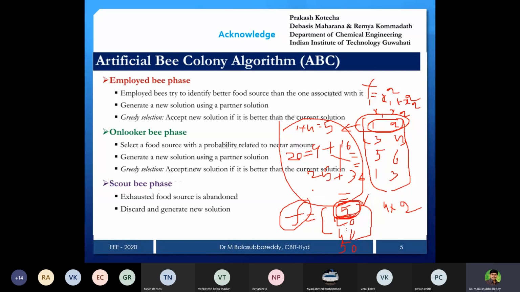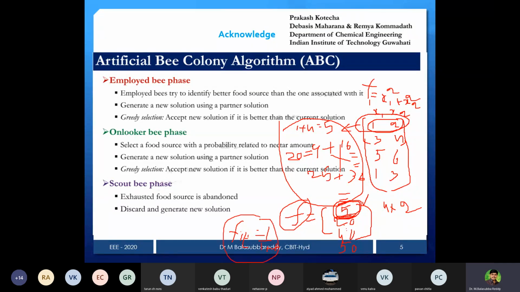We have not yet applied the ABC algorithm. Initially we randomly pick up, then we got x1 is 1, x2 is 2, then f is 5. And if you want to find the fitness, you can get it as 1 by 1 plus f.